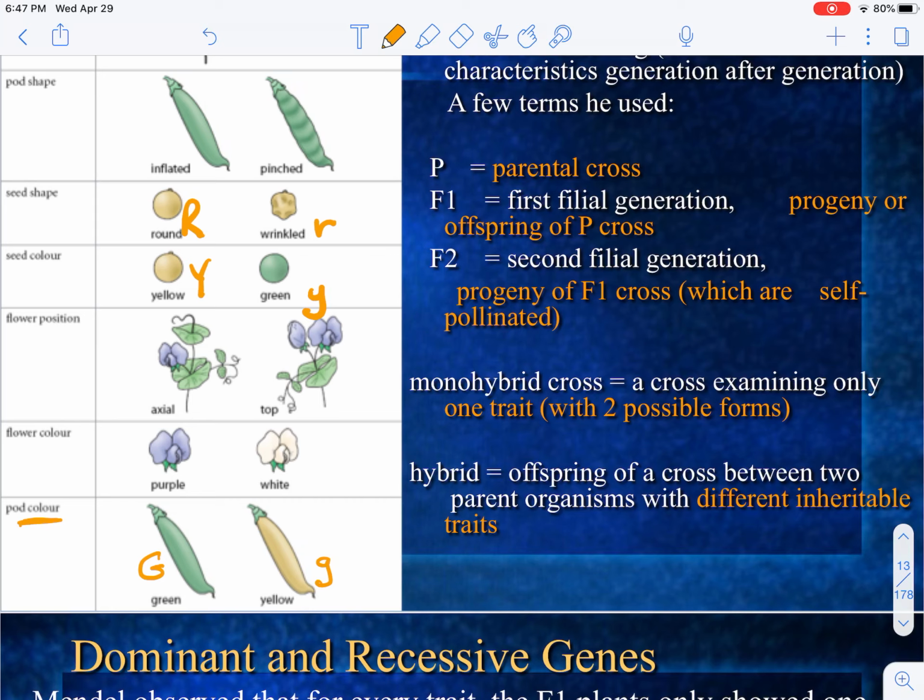So whichever dominant trait we're looking at, this is looking at the two possible pod colors, this is looking at the two possible seed colors, and two possible seed shapes. Whichever trait that is, there will be at least two possible versions of that trait.